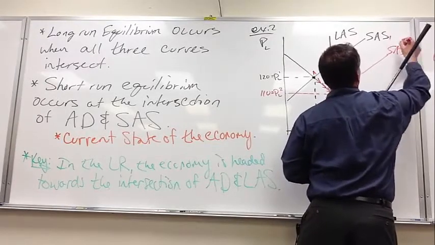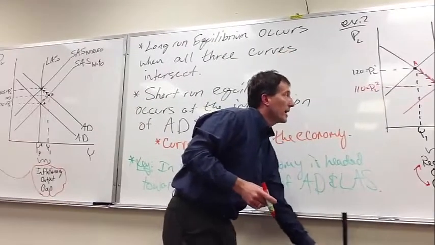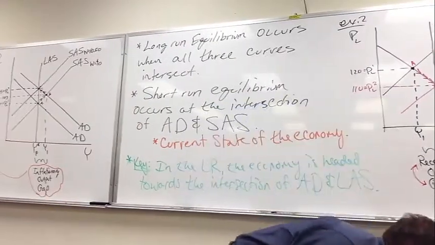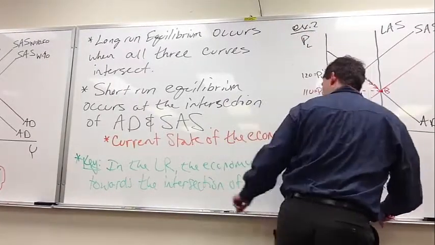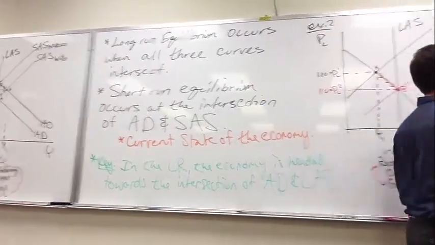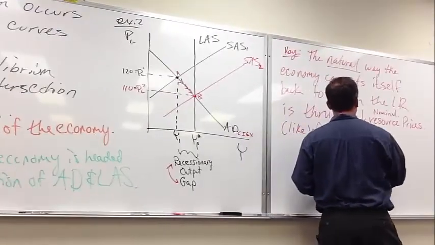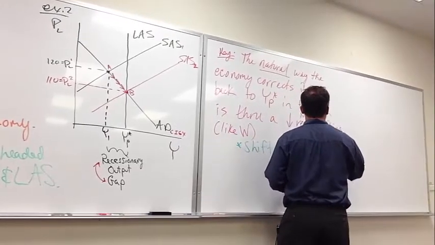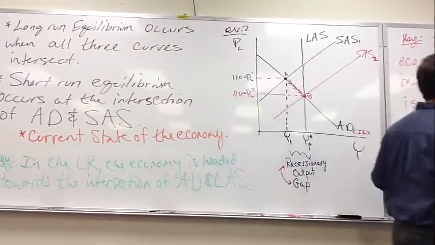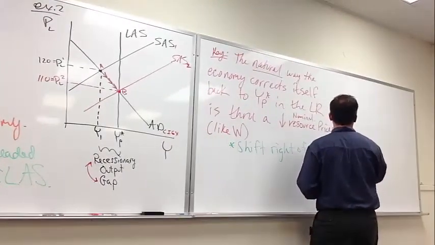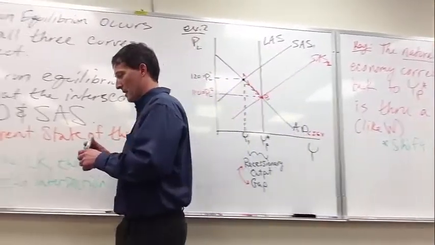I guess let's call this a 1 and a 2. So the economy naturally corrects itself in the long run through a decrease in resource prices, which is a shift to the right of the short-run aggregate supply. And if we're following our little model here, SAS 1 to this one.